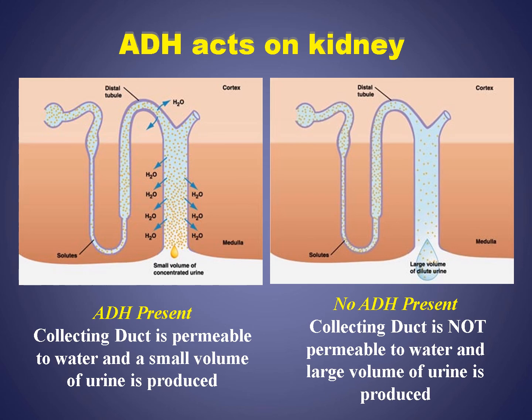So the net result here is a very small amount of highly concentrated urine, because only electrolytes pass through the body with little water. So the net result is highly concentrated, small volume.